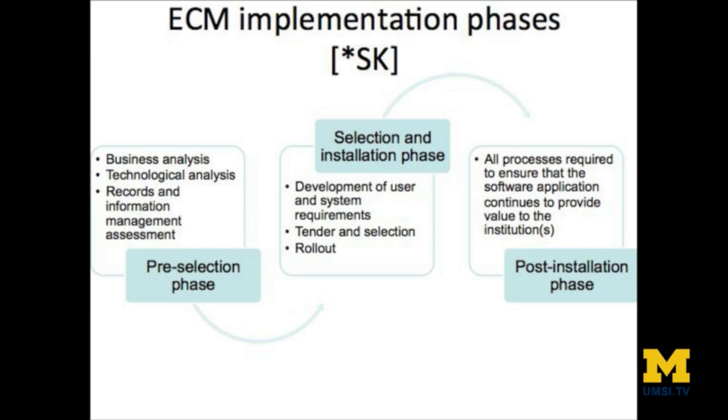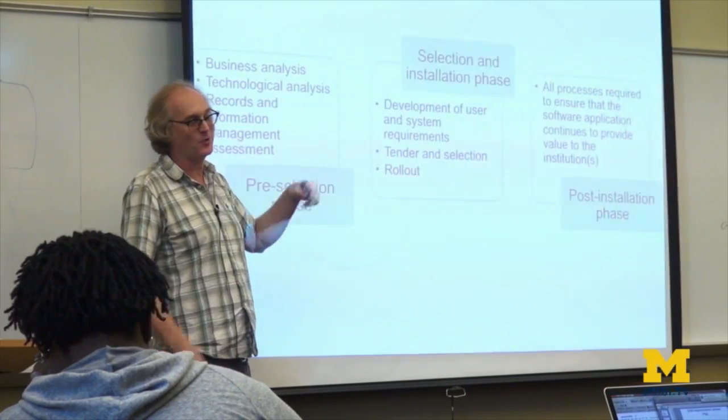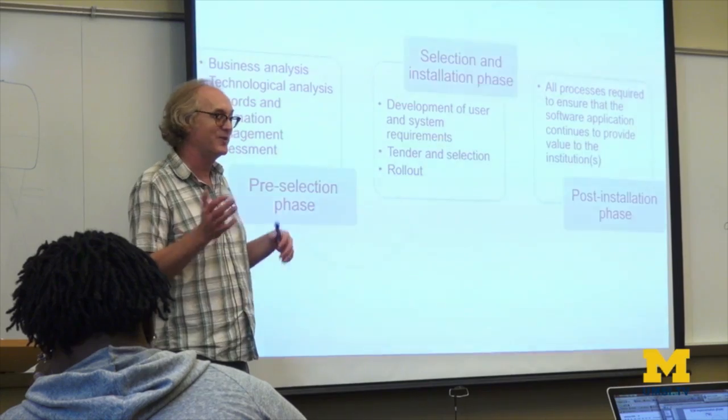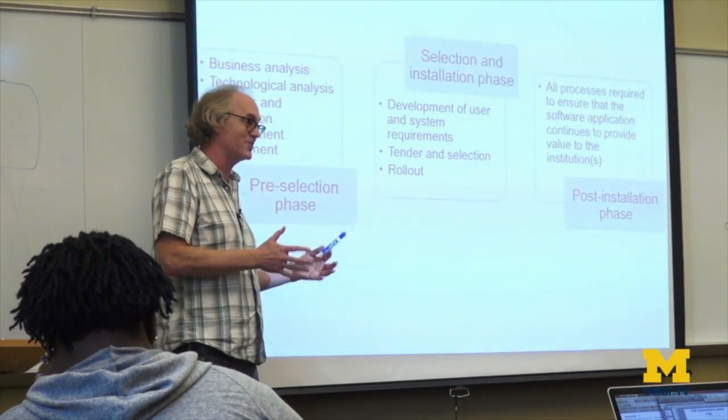Technological analysis, what's the hardware, software infrastructure? So if we do buy a big piece of software, what's our operating system? What's our processing? What's our server? What kind of operating systems are our servers running on? Do we need to buy a special server because some software needs special servers to deal with only its own content?